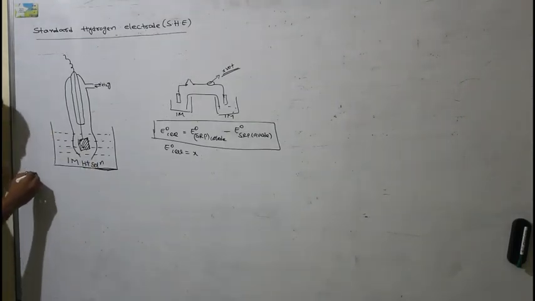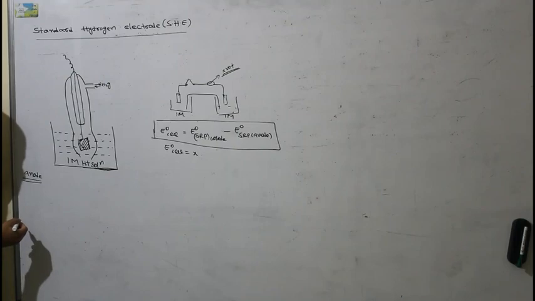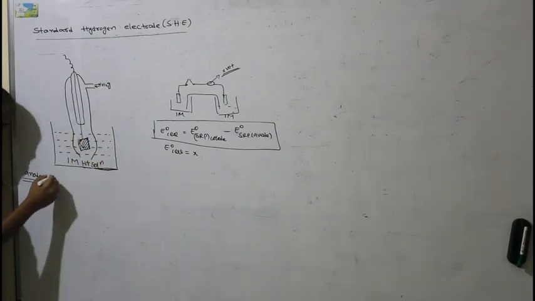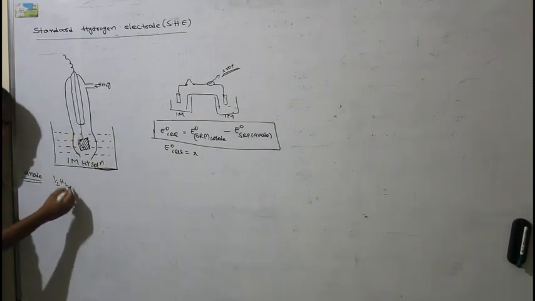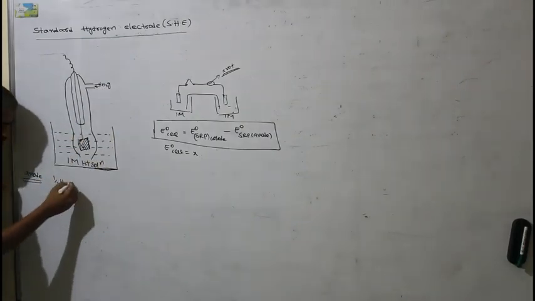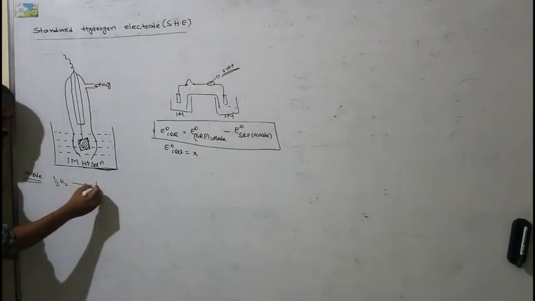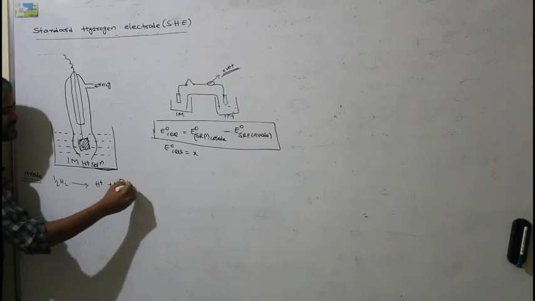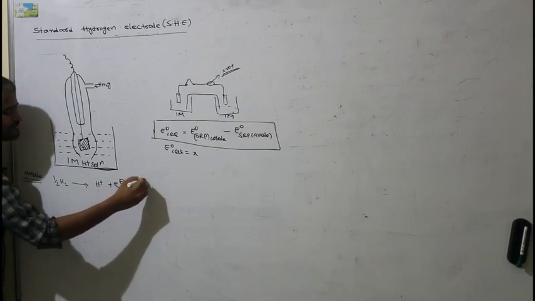When it is acting as an anode, it is supposed to undergo oxidation. Oxidation means loss of electron. So the hydrogen gas we are passing becomes H plus ion by loss of one electron, which we call oxidation.